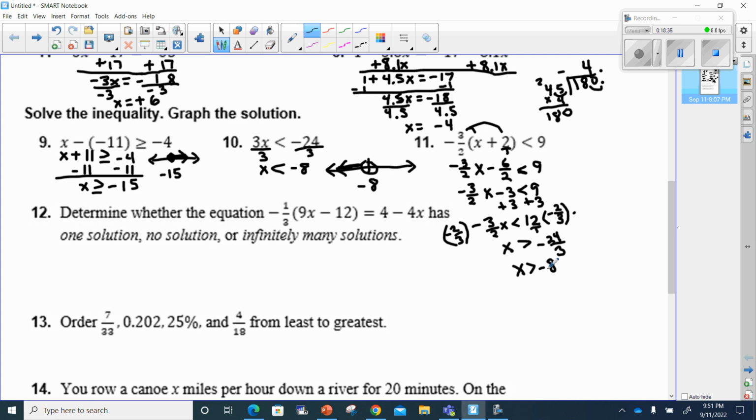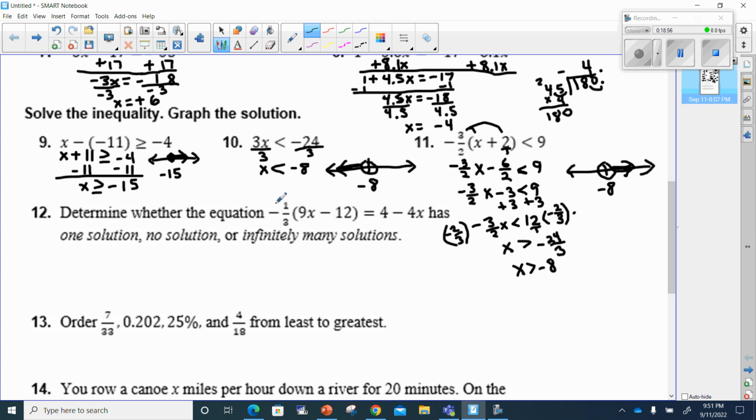Over here, I got x is greater than negative 8. What a coincidence. So yeah, that means I'll put a circle over here again where negative 8 is. But this time, since it's all the numbers bigger, I will shade over here with everything headed to the right.